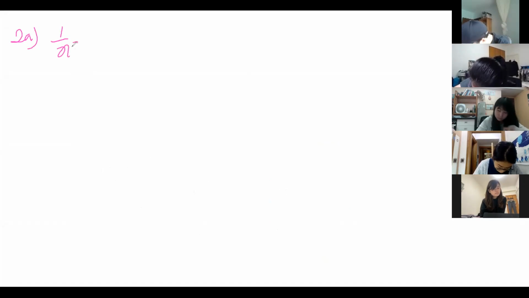Can you see my board? Yes. Okay. So I'm going to write what you sent to me first. So you have something like 2a, 1 over x squared. Sorry, I'm not sitting properly, so my hand is not balanced the way I'm sitting.